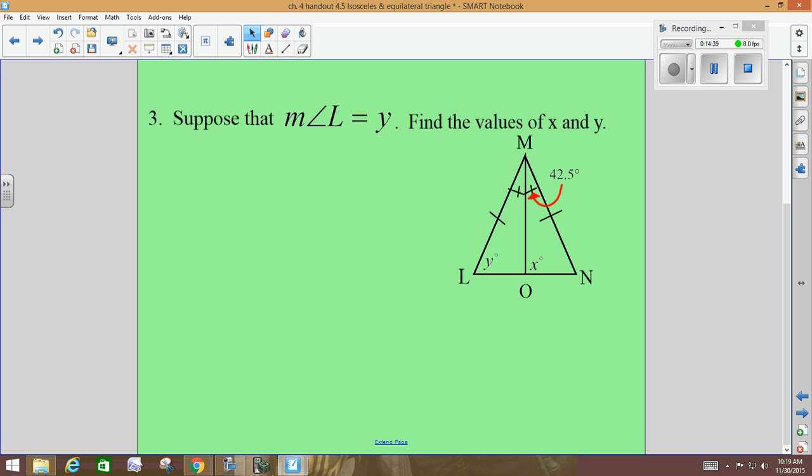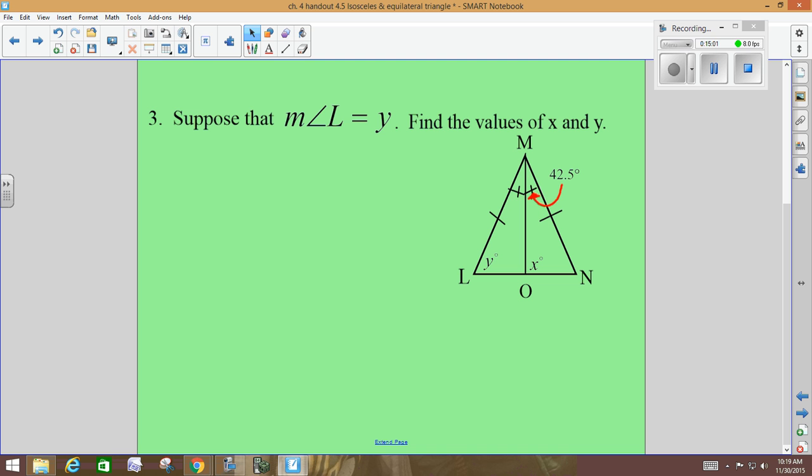Why? How do you know they're congruent? You're missing, what else? Do you know something else? Perfect, good, I'm going to use that.